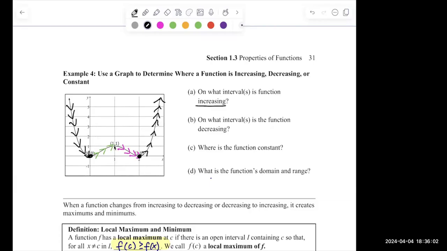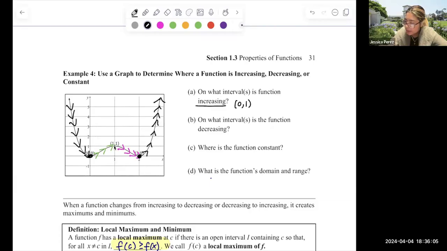Yep, from 0 to 1, union, because I'm not done, from 2 to infinity. Why infinity? Notice how this has arrows. That means it goes on forever. Any questions on part A?